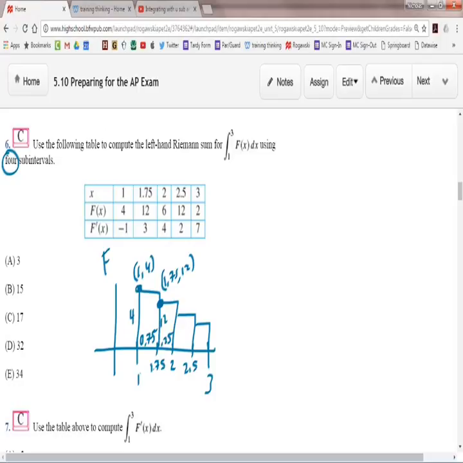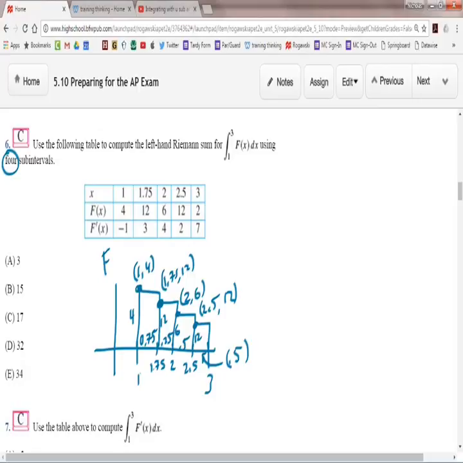And then for the next one, at 2 we would be at 6, so 2 comma 6. So the height is 6 times whatever this is, that looks like it's 0.5. And then the last point would be 2.5 and then 12. So the 12 is the height, and the last base right there is 0.5.